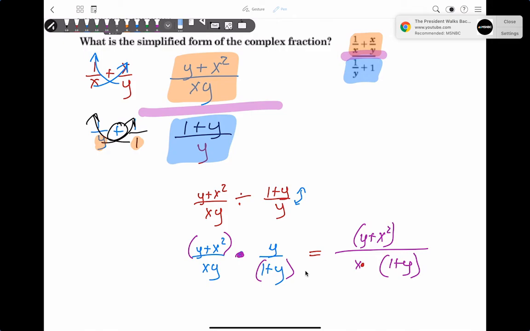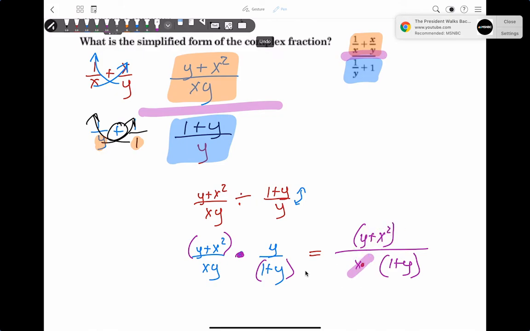Again, there's nothing else that I can cancel. I cannot cancel this y and y because they're different. They are both addition, but they're both pieces of different binomial factors. So I can't cancel pieces of those. It's the whole chunk or nothing at all. I cannot cancel this and this because this one has multiplication and this one has addition.